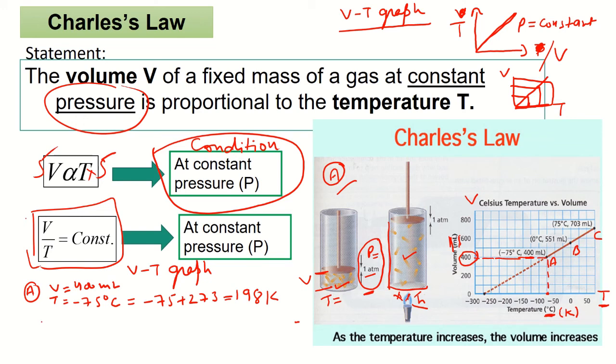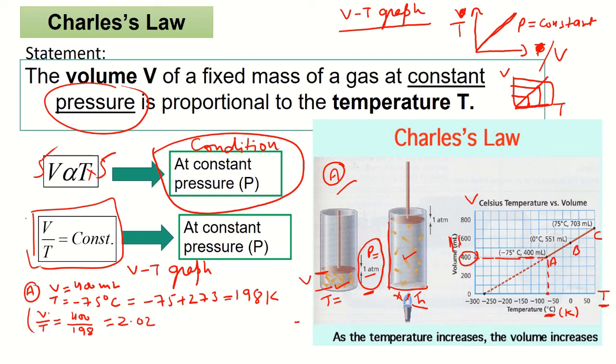These are the parameters given at point A. Now I will take the ratio of this. V over T equals 400 milliliters over 198 Kelvin, and 400 divided by 198 comes to 0.02.